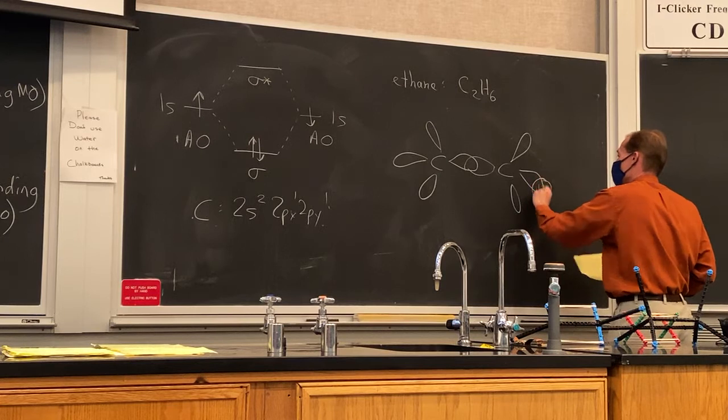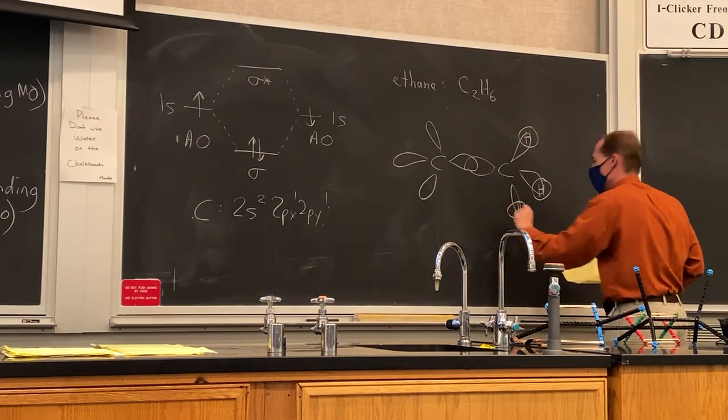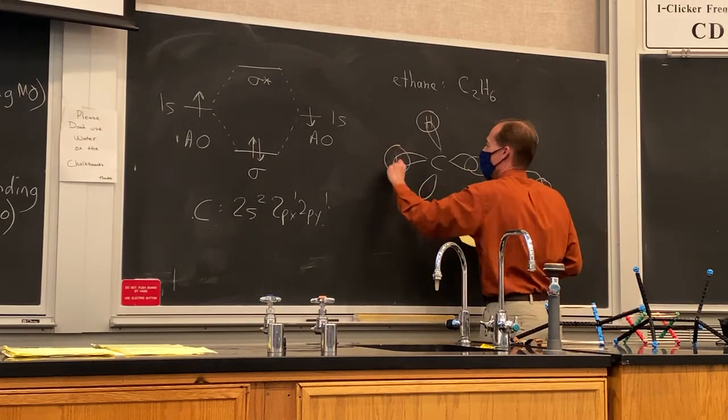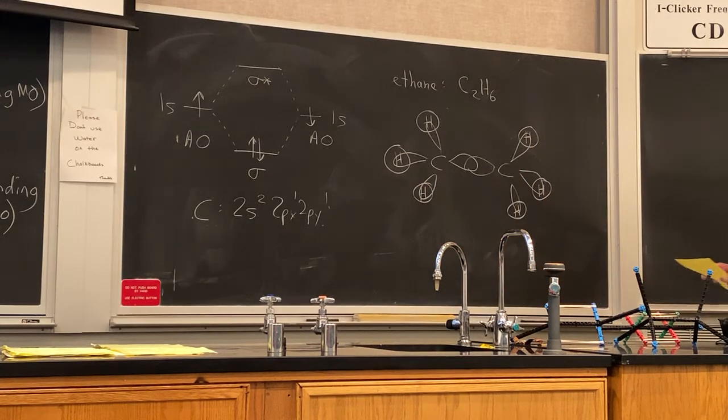And each of those is going to overlap with a spherical 1s orbital on a hydrogen. Okay. So this is the picture of bonding that we would have in ethane. And what we see about ethane that's different from methane is that we have different types of orbitals overlapping to form sigma bonds.